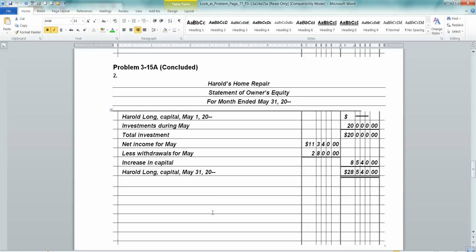We also have to check our statement of owner's equity. And so we take the investment that we put in May, we add in our income, we reduce it by withdrawals, we have our increase in capital, and now Harold Long capital is $28,540.